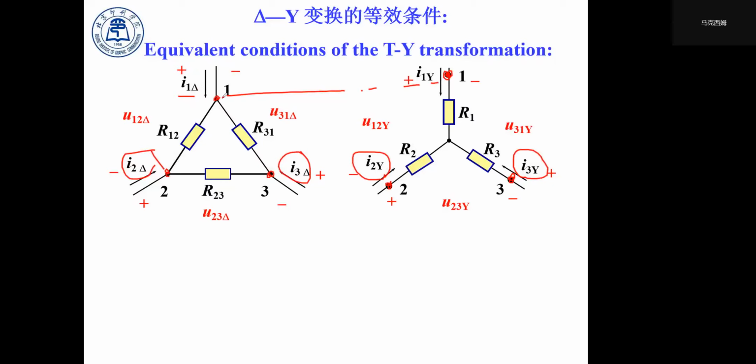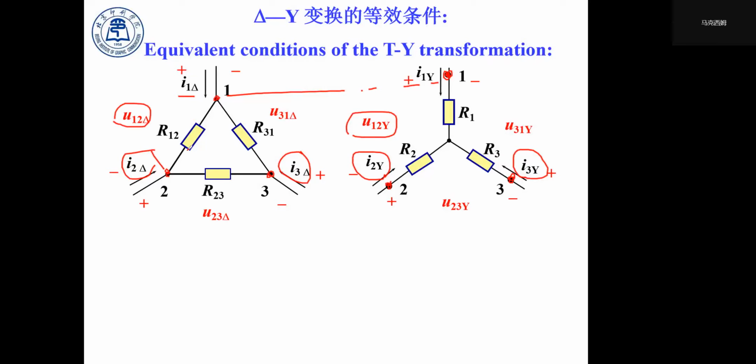And we have to make sure the voltage between two terminals equals the voltage between the corresponding two terminals. So the voltage must be identical after the transformation, and the current will stay the same.